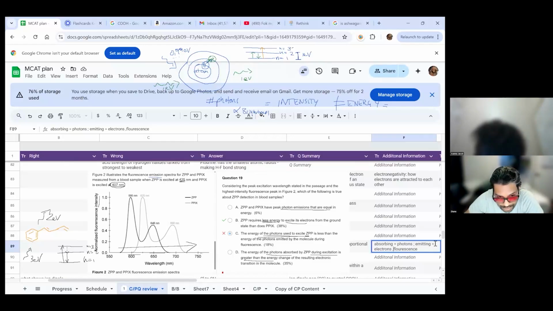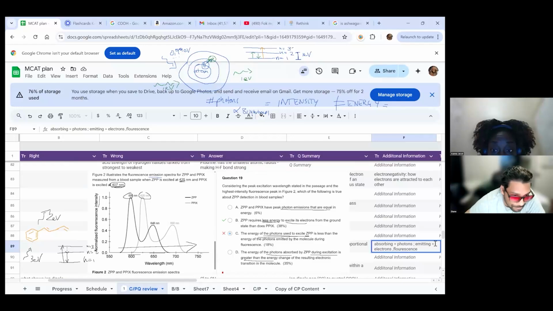We don't even really need the graph that much. I mean, we need it to compare these two, but we can see that one of them has a smaller wavelength than the other one.